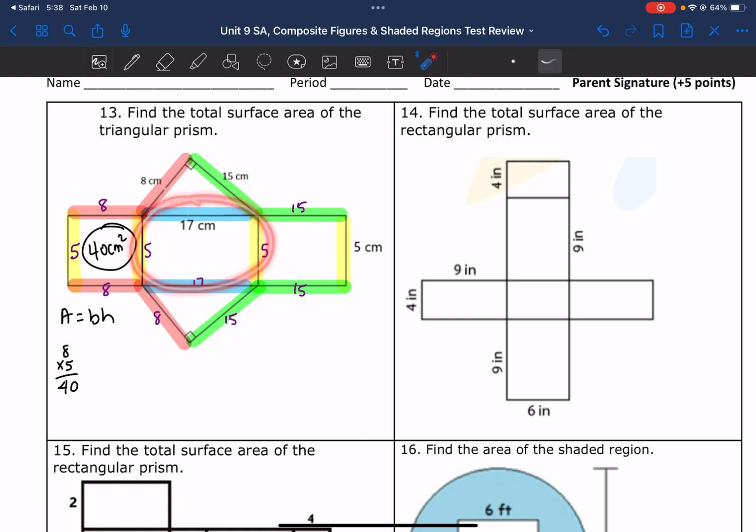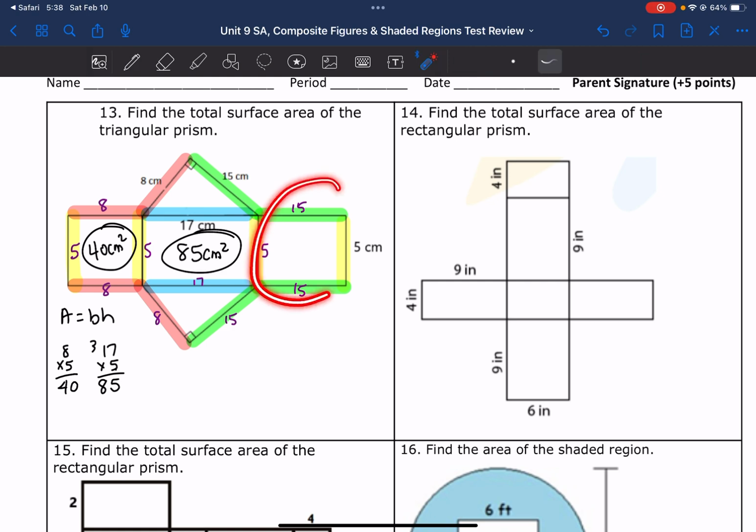That is a 15 by 7, or 5 by 17, excuse me. So 17 times 5. 7 times 5 is 35. 5 times 1 is 5. 6, 7, 8. So this one in the middle is 85 centimeters squared. Okay. Now looking at the last one, the last rectangle, we have 5 by 15. So 15 times 5. 5 times 5 is 25. 5, 6, 7. This is 75 centimeters squared.